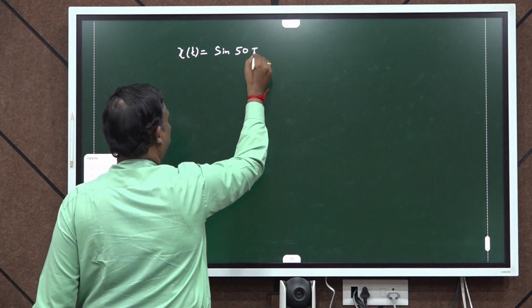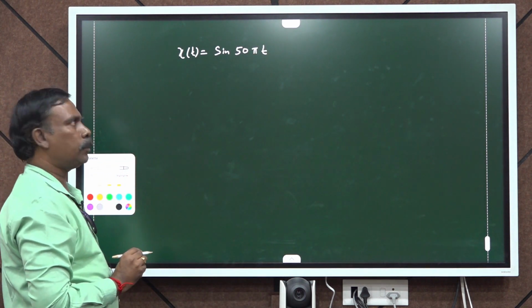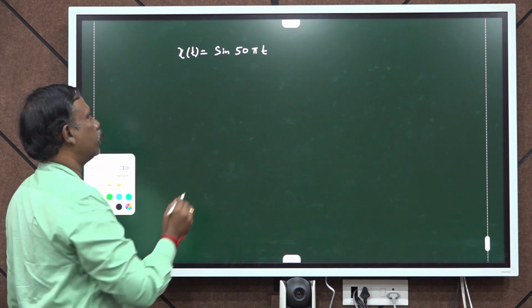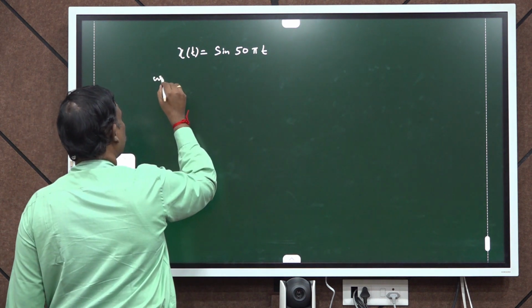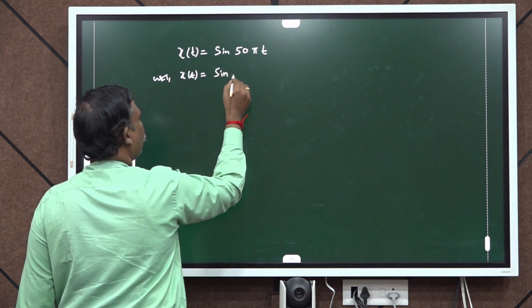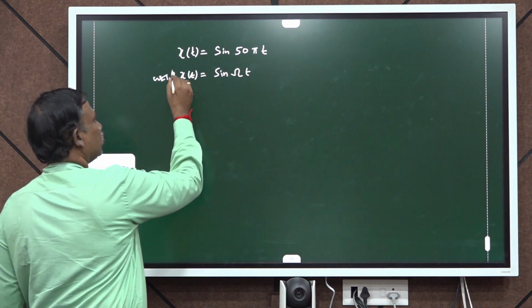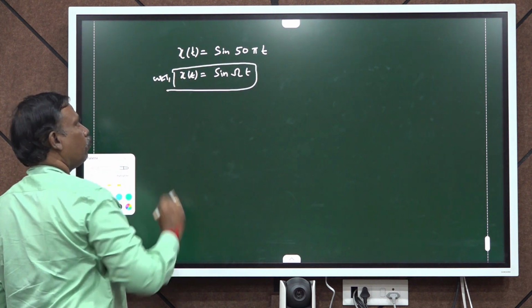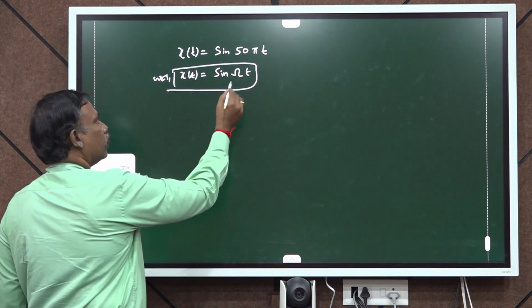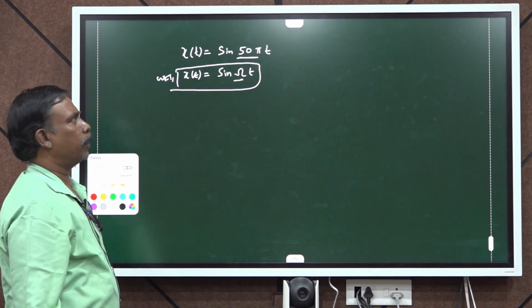Sine 50 pi t is the given problem. In general, we know that x of t equals sine omega t. Compare both the equations. So omega is equal to 50 pi.